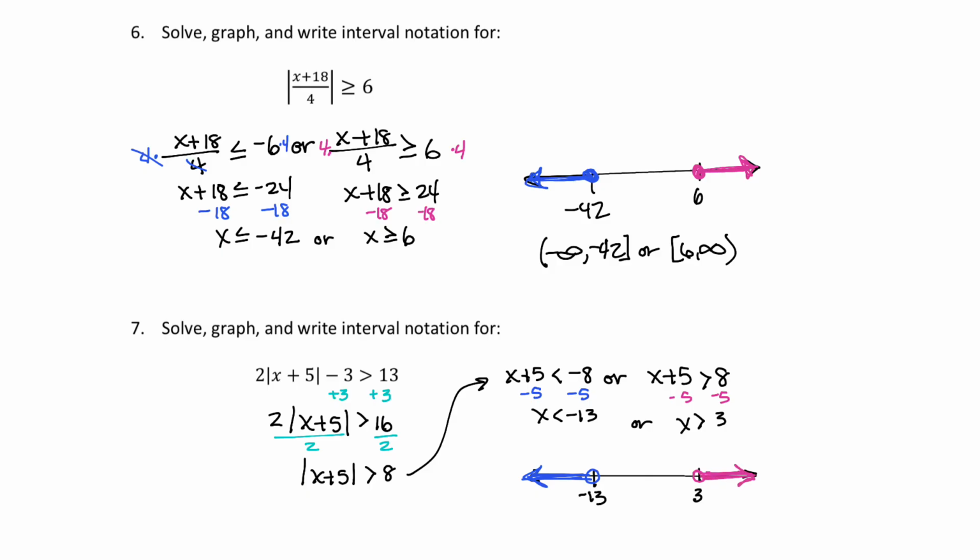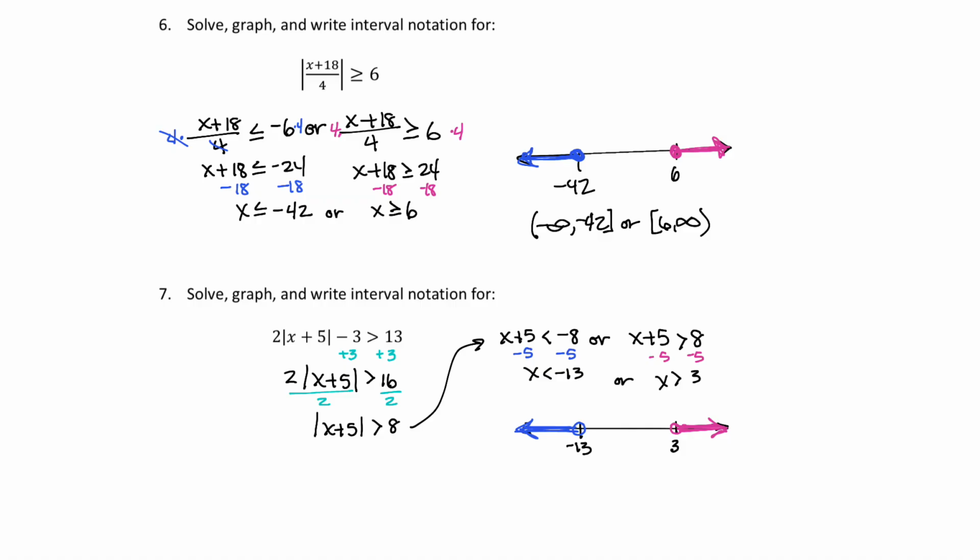In this case, they're open, and that goes left of the negative 13 and right of the 3. Okay, I'm going to slide it up just a little. There we go. And negative infinity to negative 13, open on both, or 3 to positive infinity, open on both.